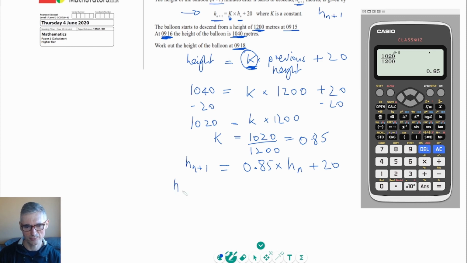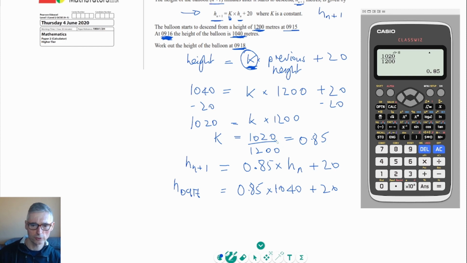I'm just going to denote the height at 0917 like that. It is going to equal 0.85 times the height at 0916, which was 1040, and then just add 20 onto it. So it's just a case of substituting into the formula.